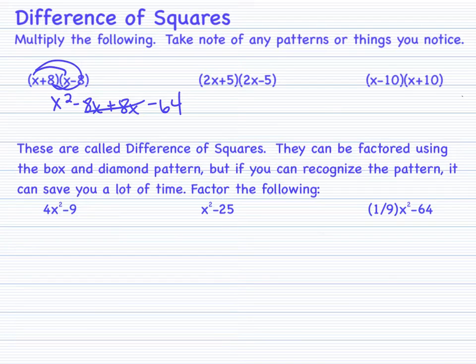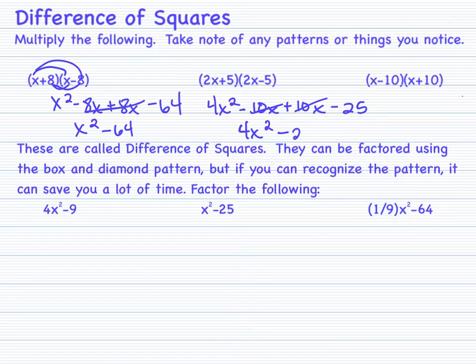So these two add out to 0. So we've got x squared minus 64. Same thing here, we've got a plus and the minus of the same thing. So this is going to be 4x squared minus 10x plus 10x minus 25. Negative 10x plus 10x add out to 0. So 4x squared minus 25.